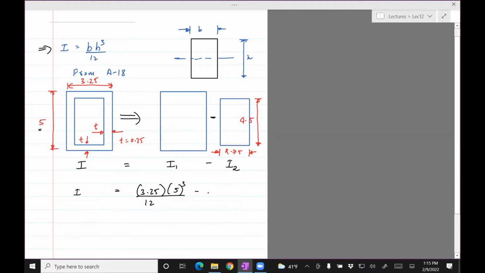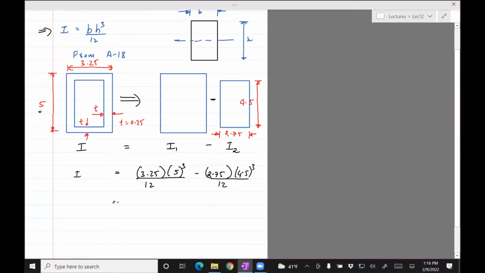Sorry, the width of the piece on the right, so 2.75 times 4.5 cubed divided by 12. Okay, so I did the math on that. Comes out to be 12.97 inch raised to 4.